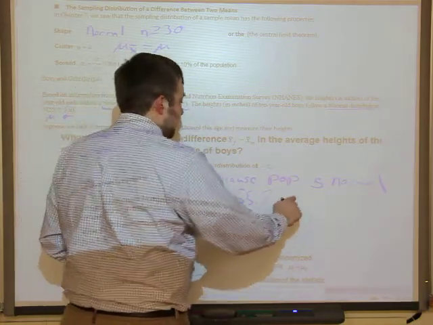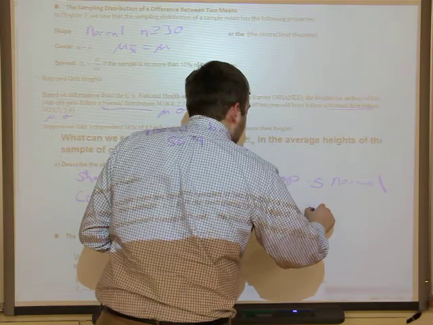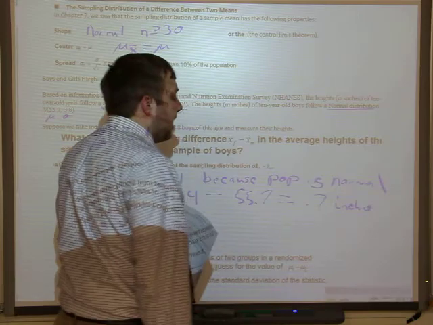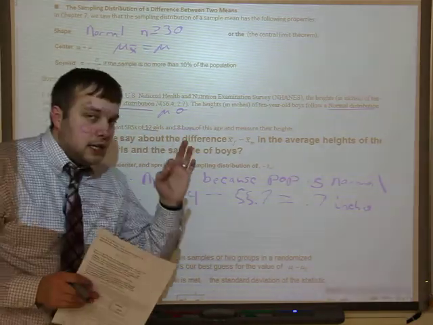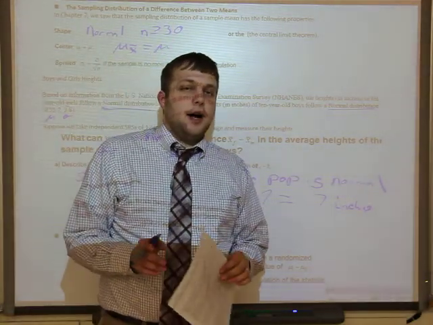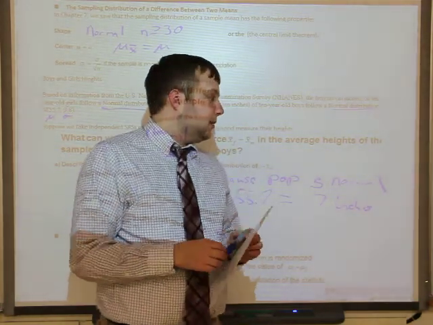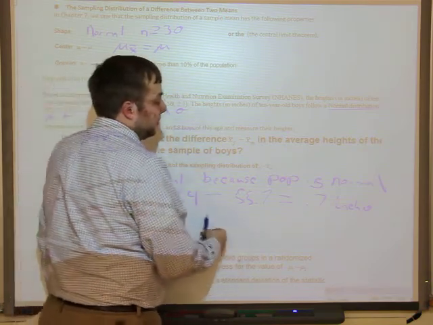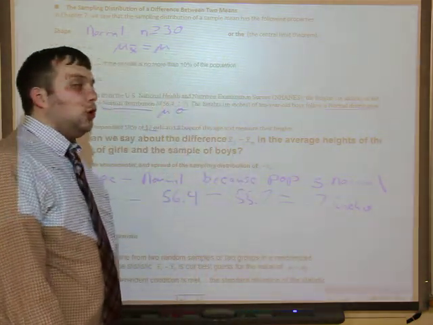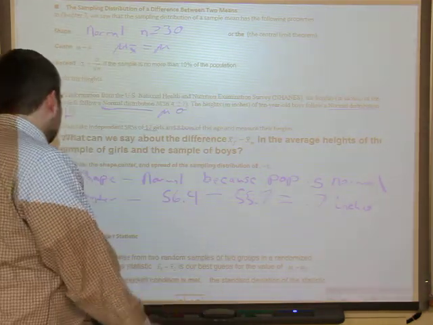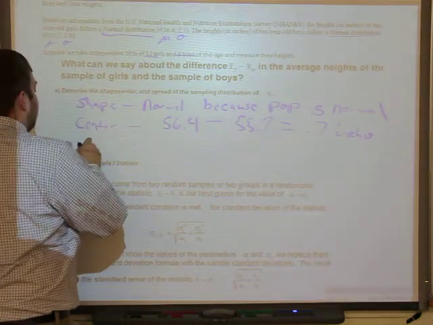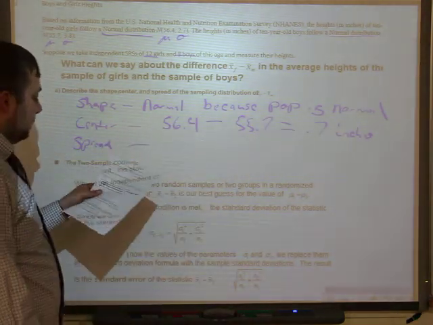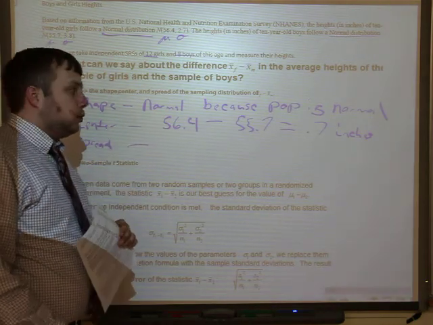And I believe I have a difference of 0.7 inches. So, at age 10, it appears the mean, the middle of where boys and girls are at, girls, remember, because girls is first, right? Girls are roughly 0.7 inches taller than boys. That's the mean. So shape, center, and then our spread. Okay, and this is where it gets a little groovy.